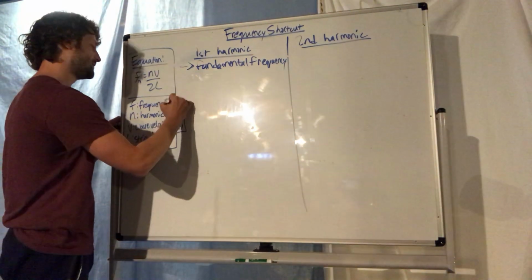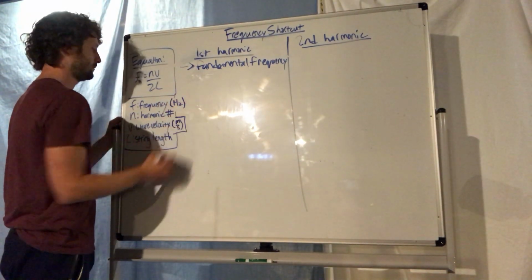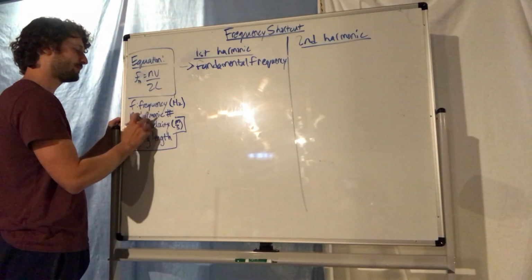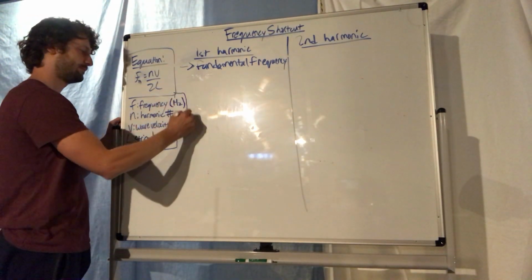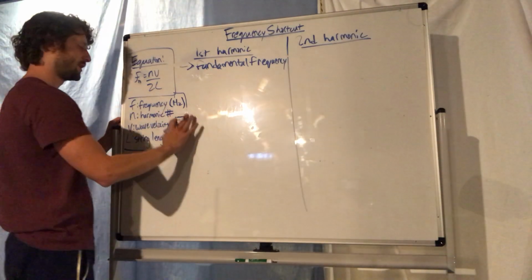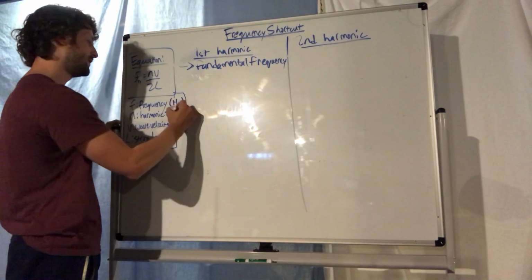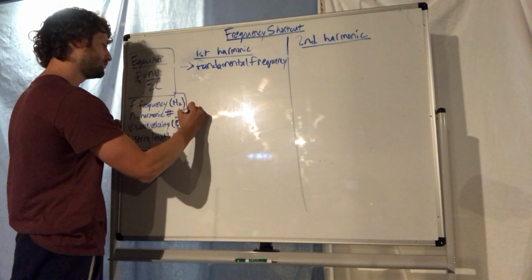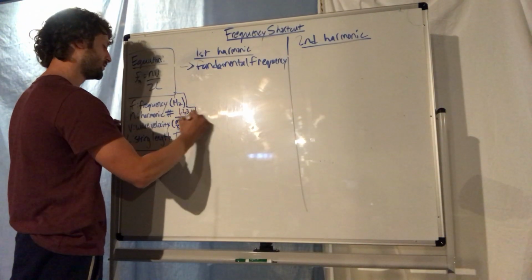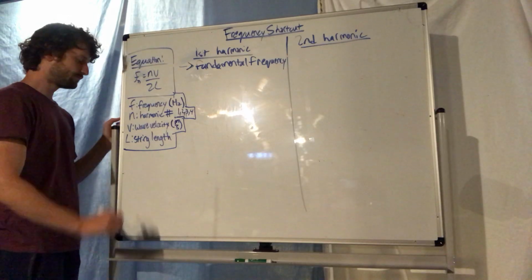Remember, the frequency is in hertz. And the harmonic number, that doesn't have a unit. It's just a number, like you're not going to get harmonic 0.5 or 1.5. The harmonic is 1, 2, 3, 4. They're all whole numbers for harmonic number.